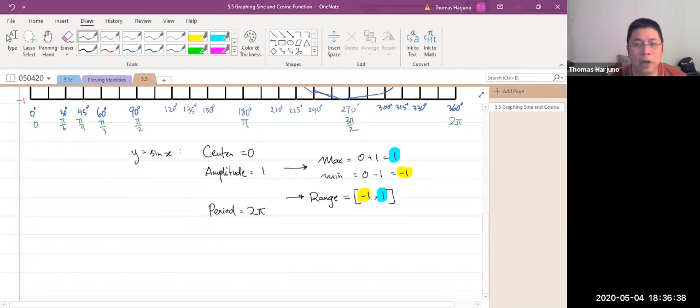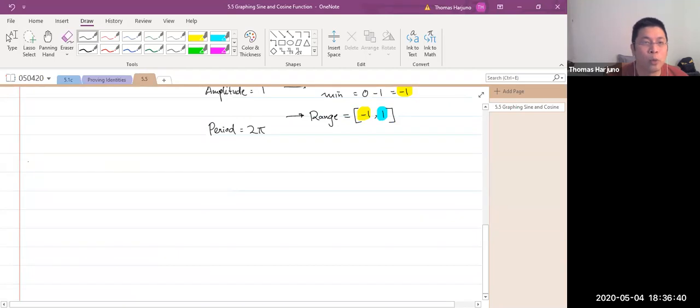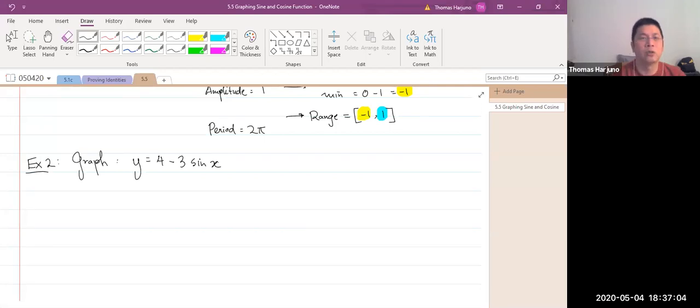Now then, suppose, for example, using that sine graph, I say graph y equals 4 minus 3 sine x. Notice that this 4 means up 4.